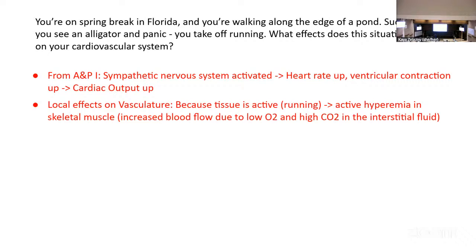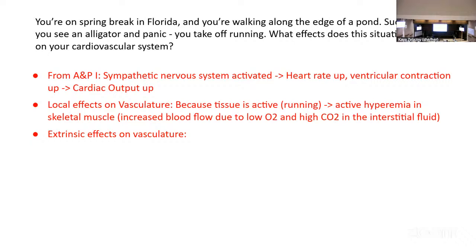We're going to see high carbon dioxide as we are doing lots of metabolism. Carbon dioxide is our waste product, basically. So we're going to use our active hyperemia to increase blood flow here so that we can get more O2 and sweep that carbon dioxide away, because carbon dioxide buildup is not good for your body.